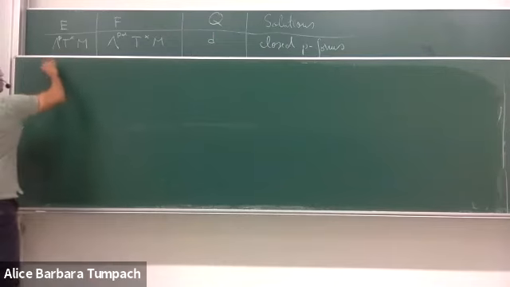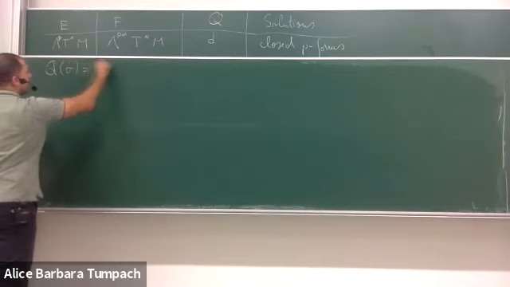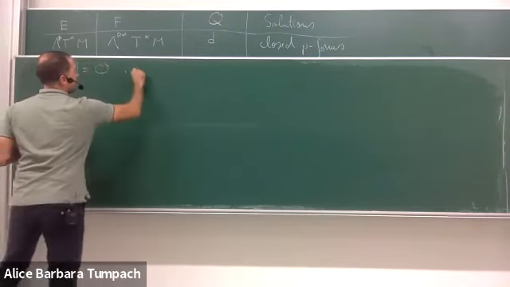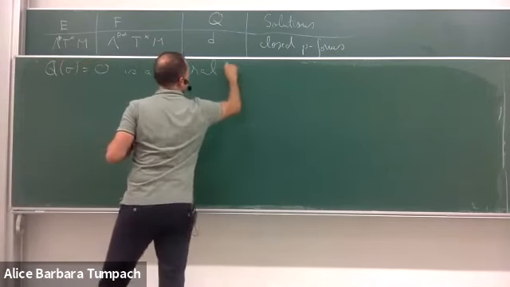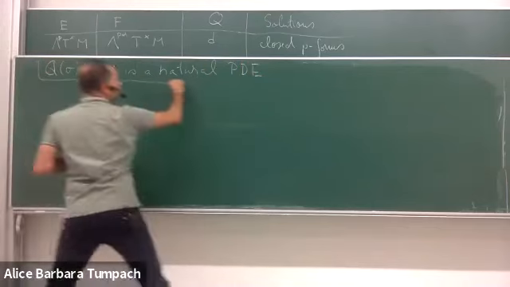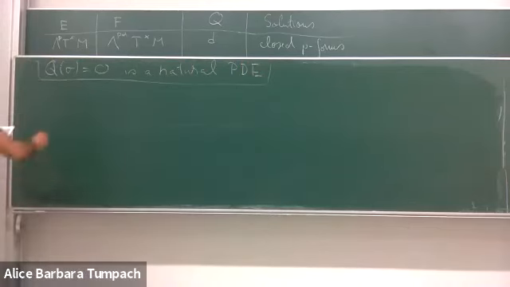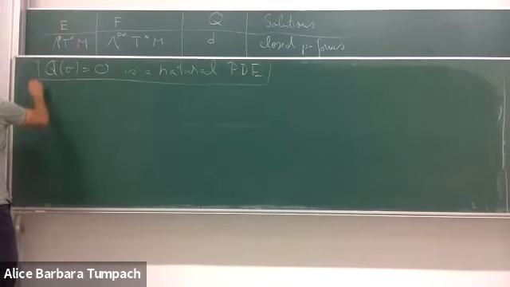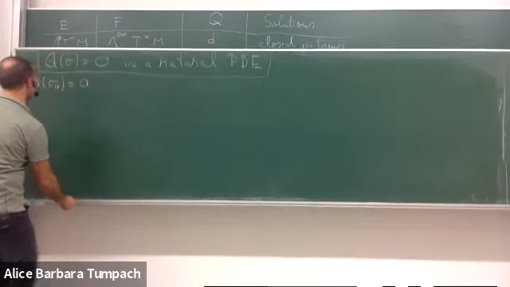So Q of sigma equals 0 is a natural equation, and we take sigma 0 a solution, so Q of sigma 0 equals 0, and then we call this solution rigid.